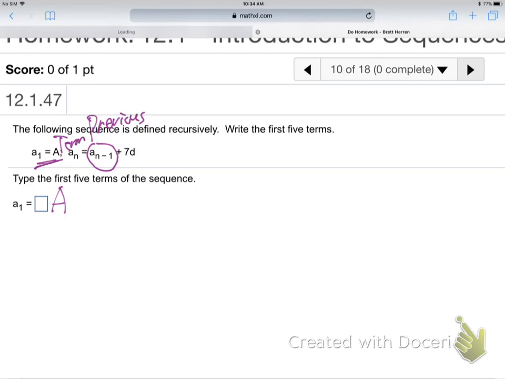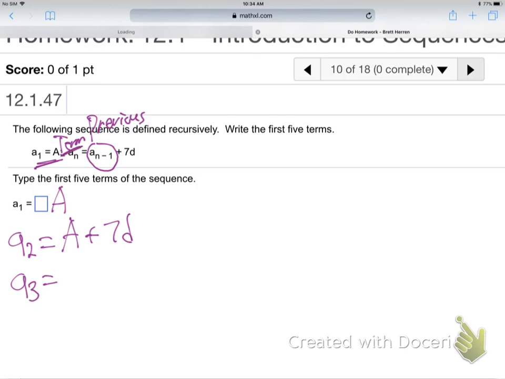You getting used to speaking that language? Are you speaking math formula now? A little better? So the second term is the previous term, which is capital A, plus 7D. We good? All right, well then what's A sub 3? Well, what does it say?